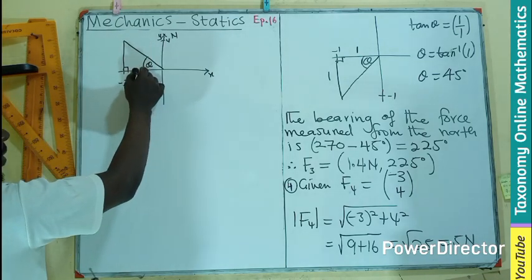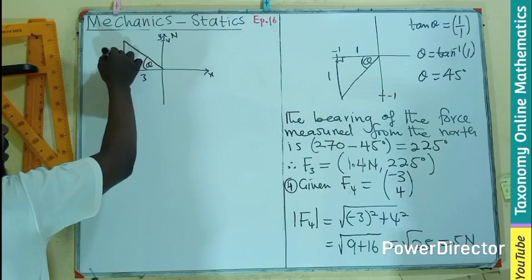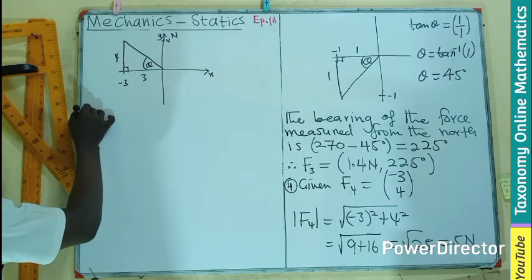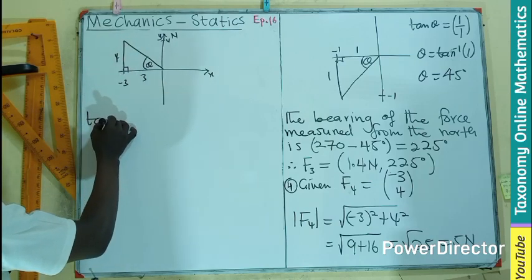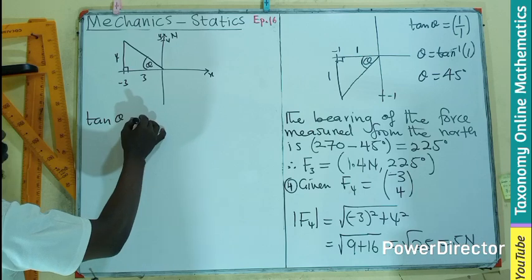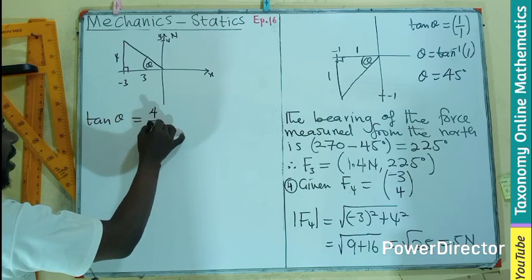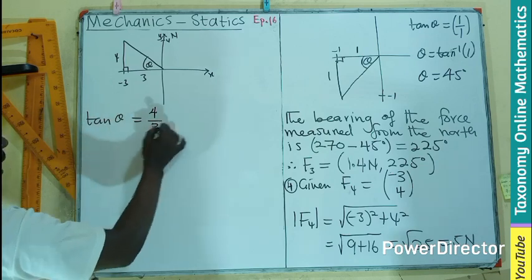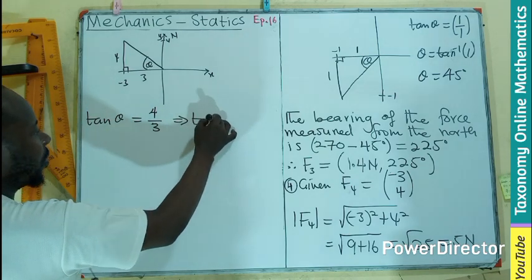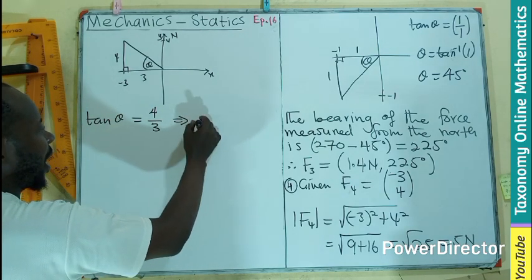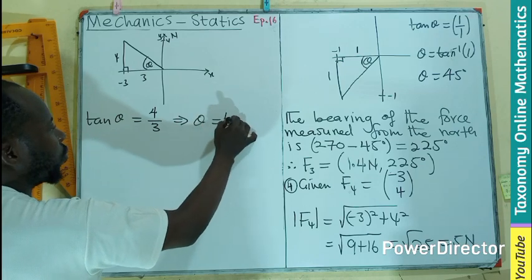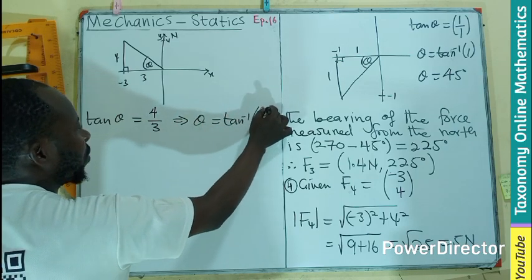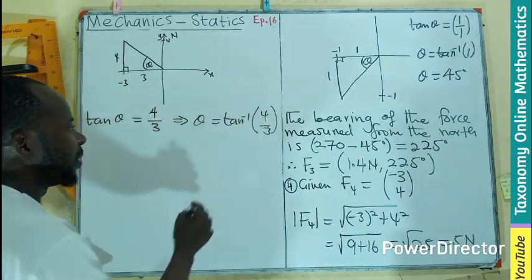The distance here is just 3, not a -3, and 4. So I can say that the tan of theta will be equal to the opposite over the adjacent. Let's go for the angle directly, equals the tan inverse of 4 over 3.